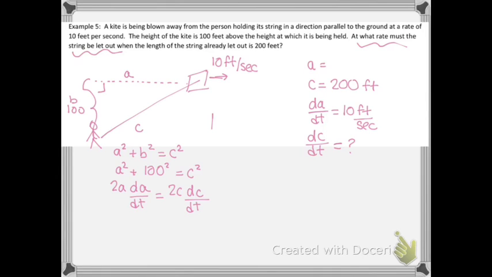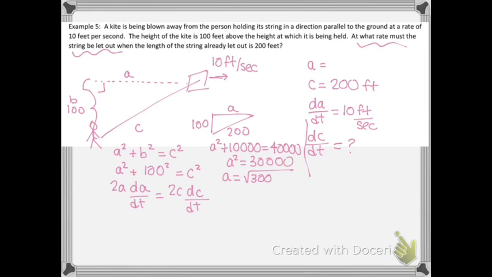We can find A by doing Pythagorean theorem. So we have 200, 100, and A. So A squared plus B squared is 10,000. That equals C squared, which is 40,000. So A squared is 30,000. A is the square root of 30,000.